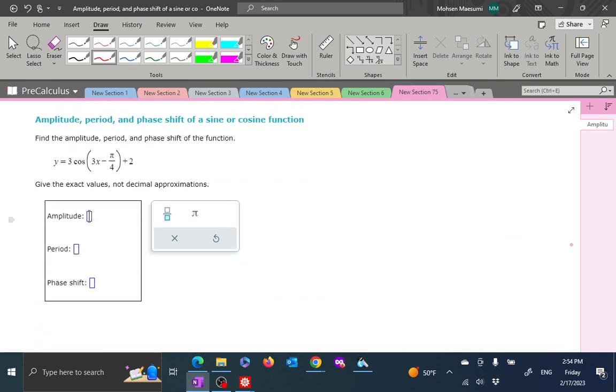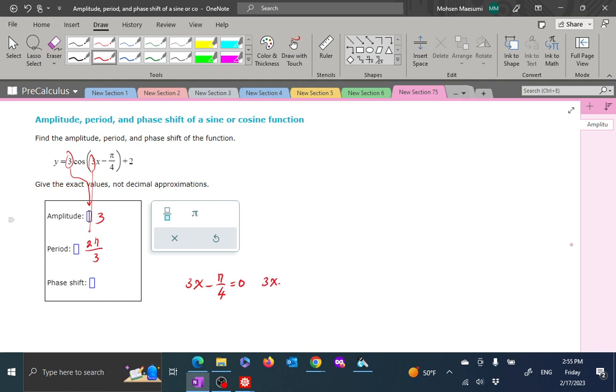What's the amplitude? What is the period? 2 pi. This is how fast this is going to run. So 2 pi over 3 is the period of it. Phase shift, again, my advice is to set the argument of sine or cosine equal to 0.